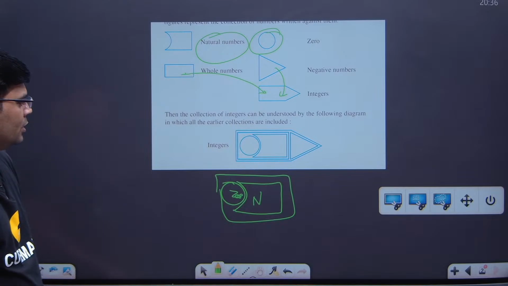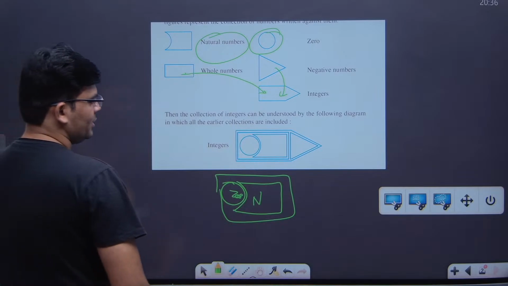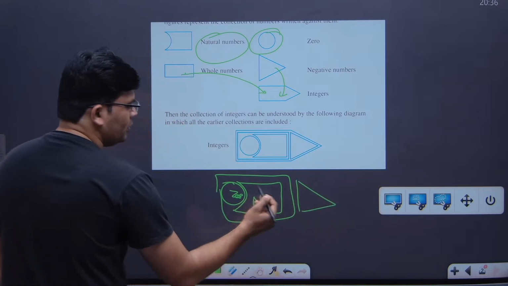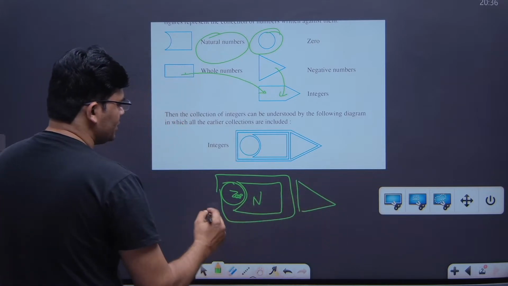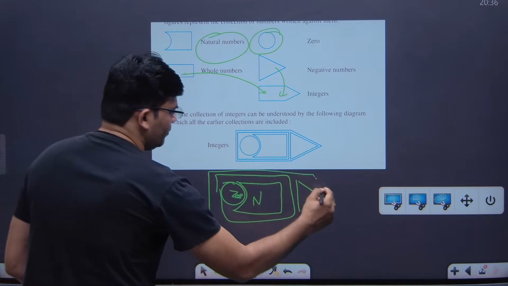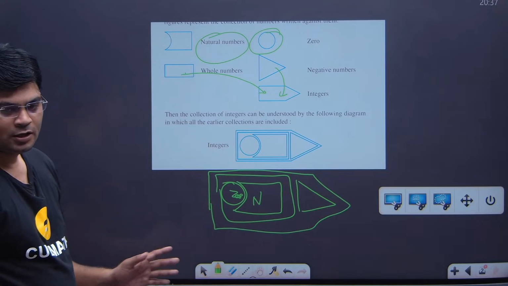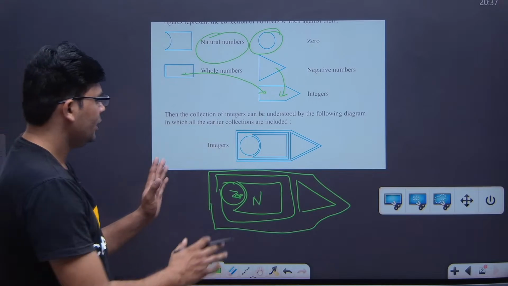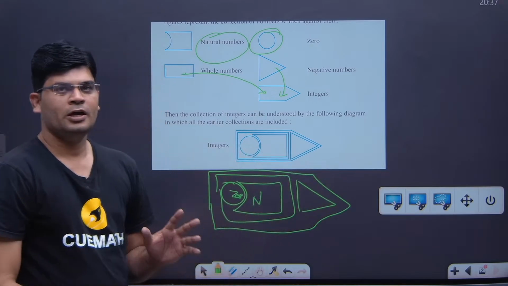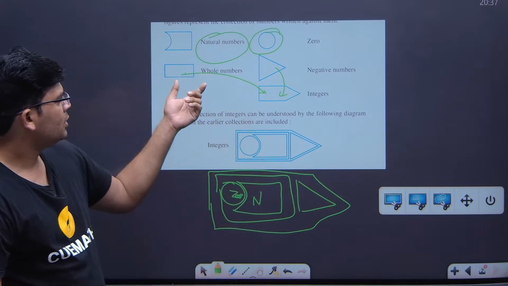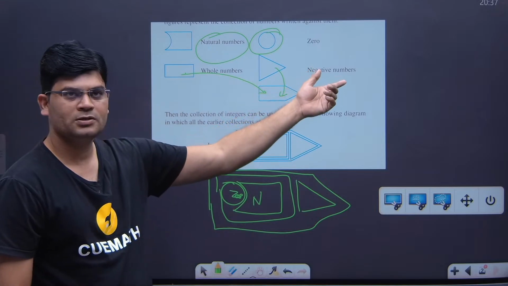All right. Then we have negative integers as well. Negative integers means along with whole numbers, if I put negative integers as well, then these two will become the part of the integer family. Understood? Integer is a big box. In that we have two boxes. One is whole numbers and one is negative numbers.